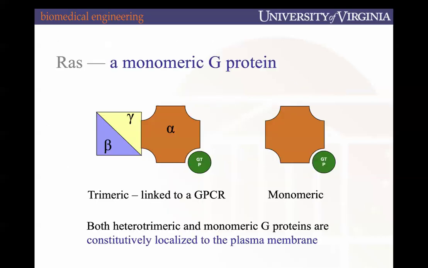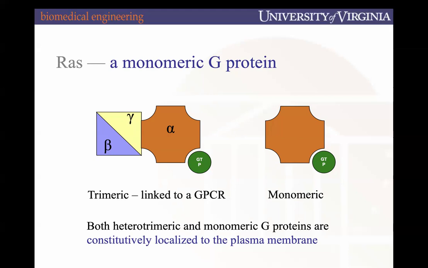As I mentioned a moment ago, G proteins are largely heterotrimeric. An exception to this rule is a class of monomeric G proteins. In this case, RAS is a monomeric G protein.